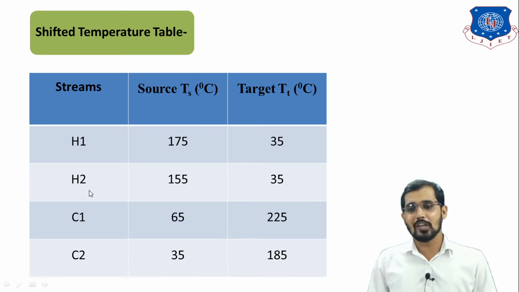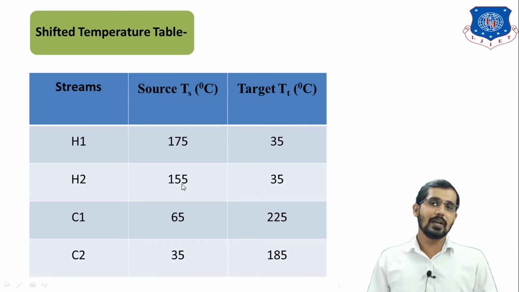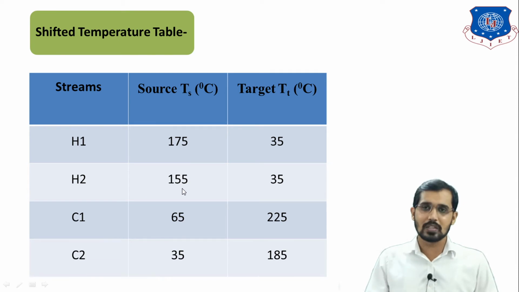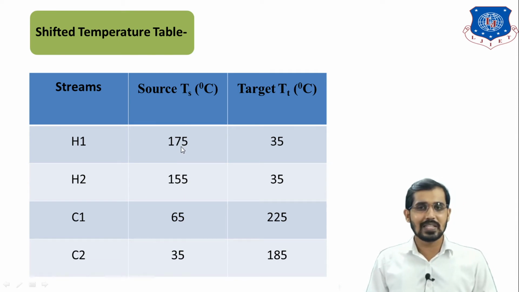After that, H2 is initially 160, now it is 155 because we are reducing the temperature from the hot stream and adding the temperature in the cold stream. So 180 minus 5 is 175, 160 minus 5 is 155. After that, 40 minus 5 is 35, again 40 minus 5 is 35. Next, for cold streams C1 and C2, we are adding plus 5.